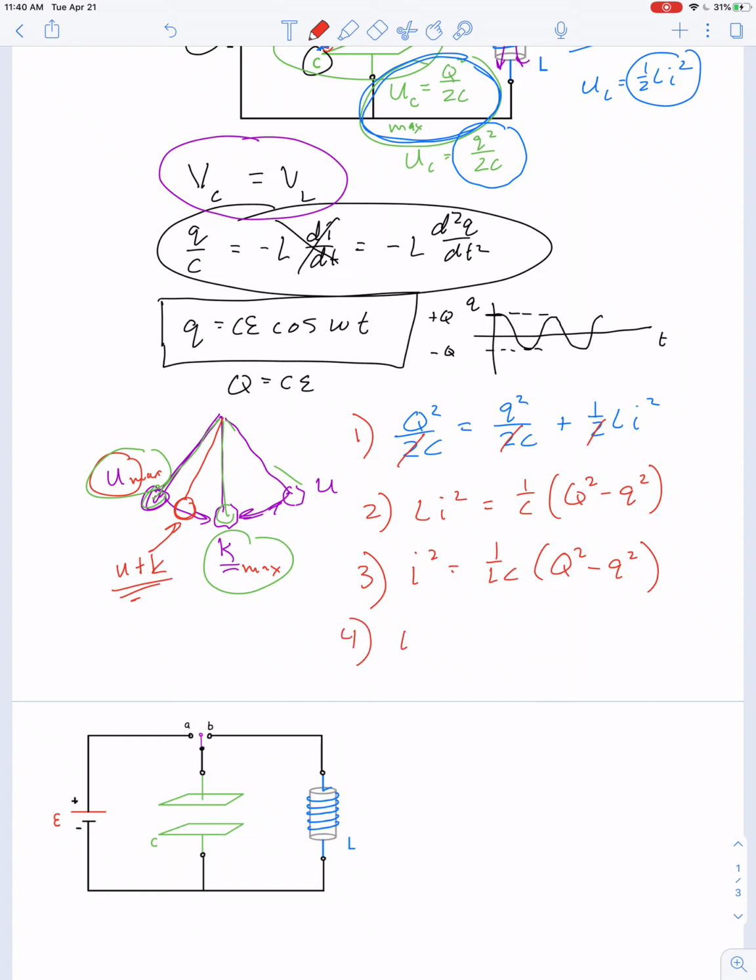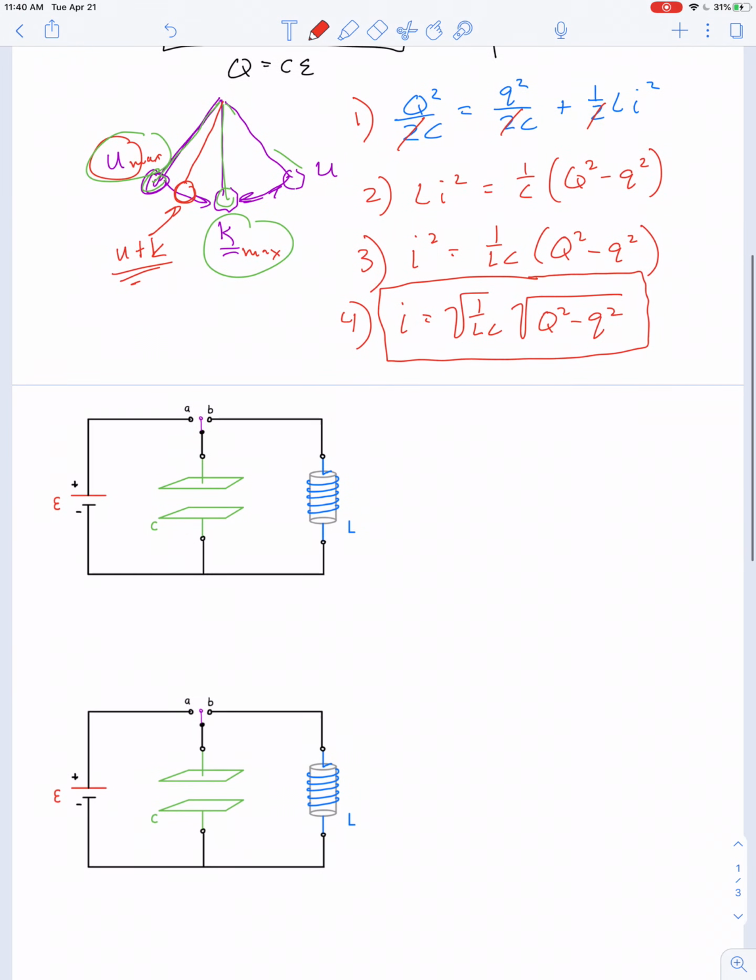So the amount of current at any instant in time is equal to the square root of 1 over LC times the square root of maximum charge squared minus instantaneous charge squared. That reminds me of something.